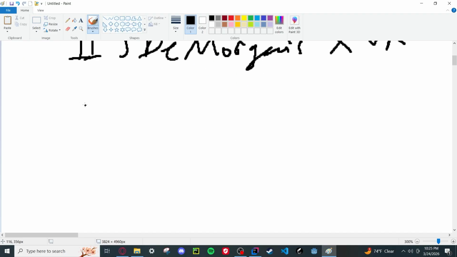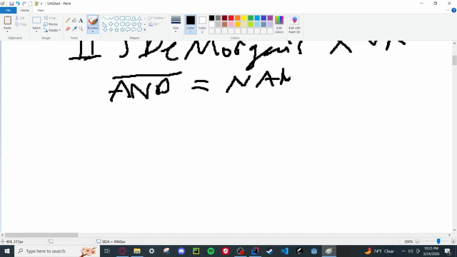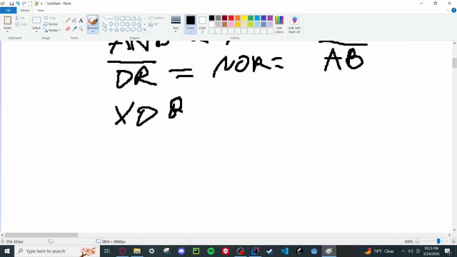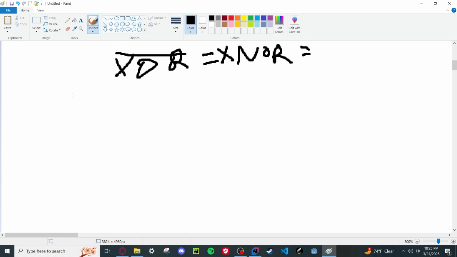So as we saw, De Morgan's for the AND condition gave us NAND, which gave us A naught plus B naught, and then De Morgan's for the OR condition gave us NOR, which gave us A naught B naught. The condition for the XOR will give us XNOR. But in order to figure out what this is, we first need to understand what XOR equals.